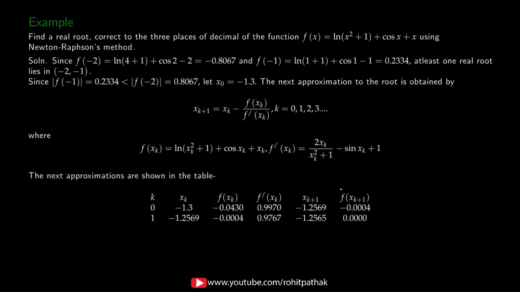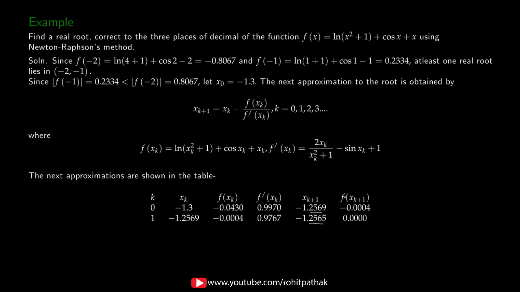Again, taking the new value x1, starting from x1, f of x1, f dash at x1, you get -1.256 again. Up to 3 places of decimal, this value is repeating.